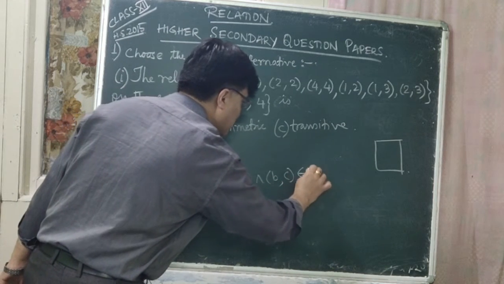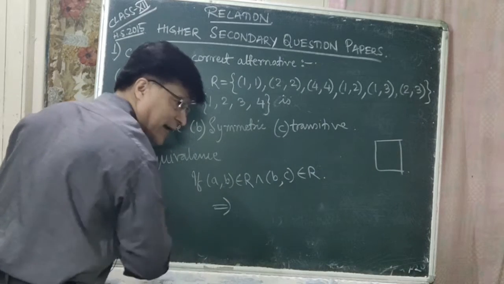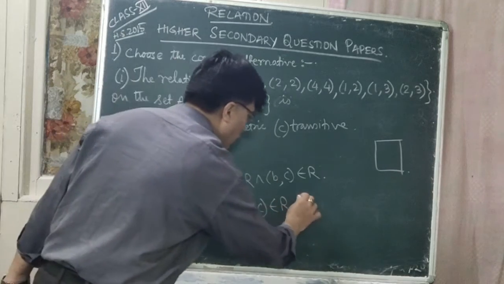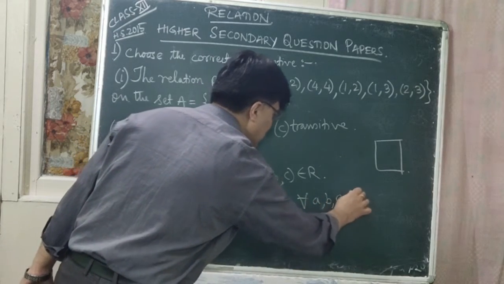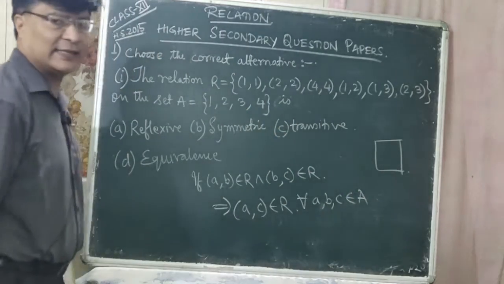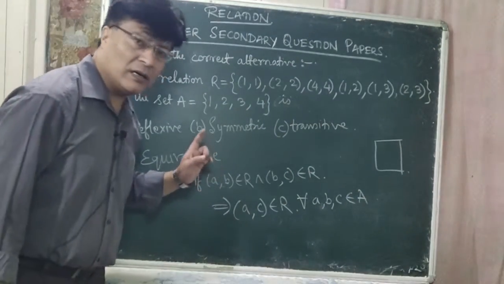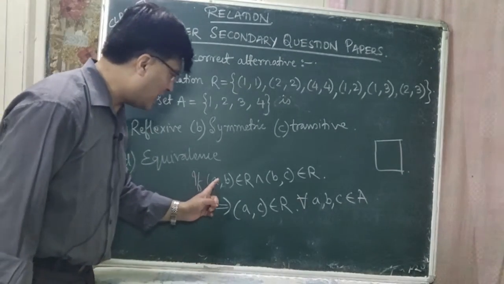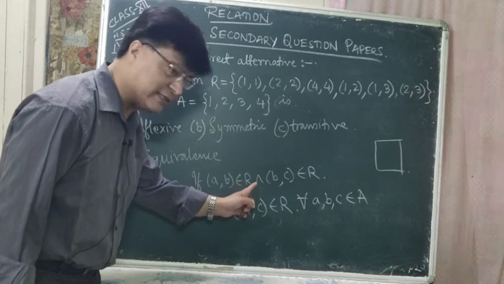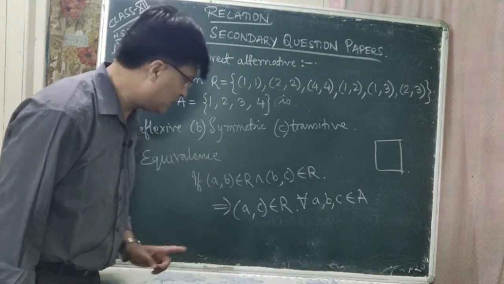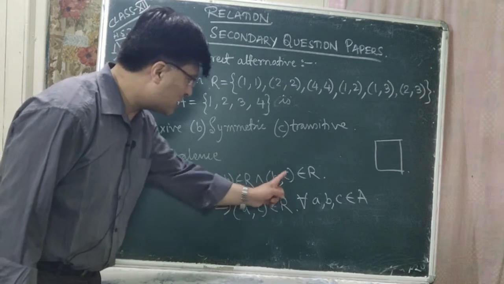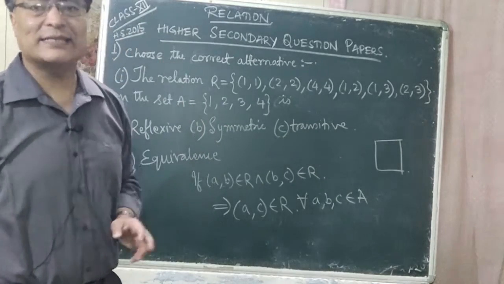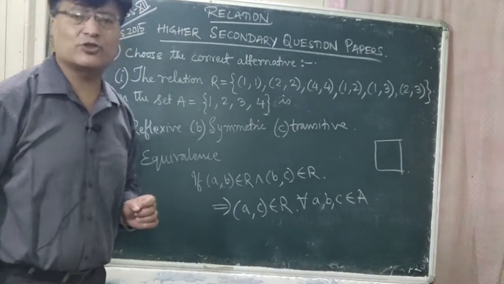And B comma C belongs to the relation R, it should imply A comma C belongs to the relation R for all A comma B comma C belongs to the set A. Is that clear now? A relation R on a set A is said to be transitive if A comma B belongs to the relation R and B comma C belongs to the relation R, it should imply that A comma C should belong to the relation R for all A comma B comma C belong to the set A. Is that clear? That is your definition of transitive relation.